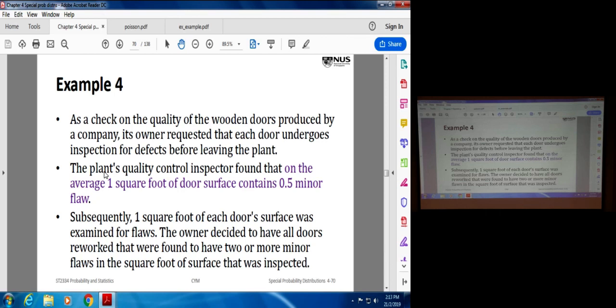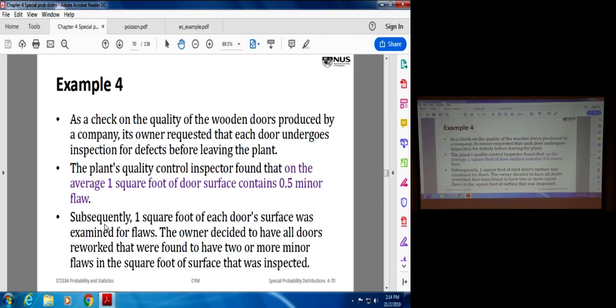So the plant's quality control inspector finds that on average, per square foot of door surface contains 0.5 minor flaws. Okay, it's an average, so that's okay. Subsequently, 1 square foot of each door surface is examined for flaws, and the decider decides to have all doors reworked that were found to have 2 or more minor flaws.